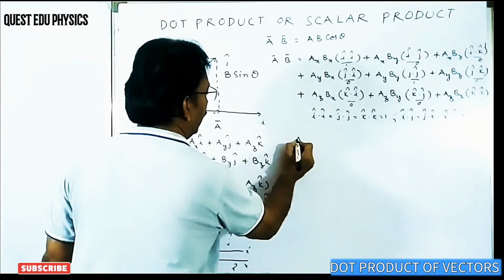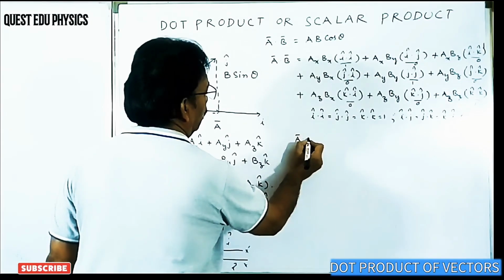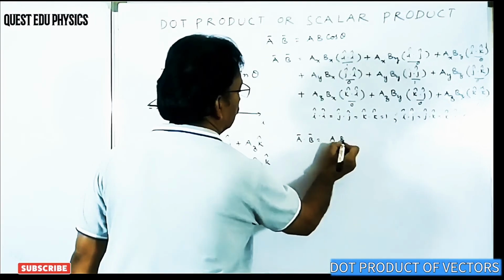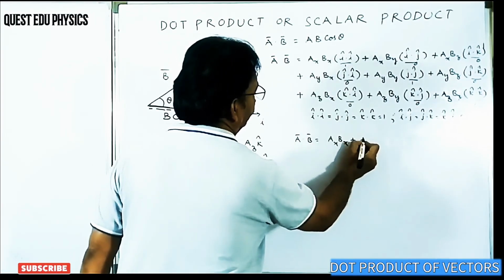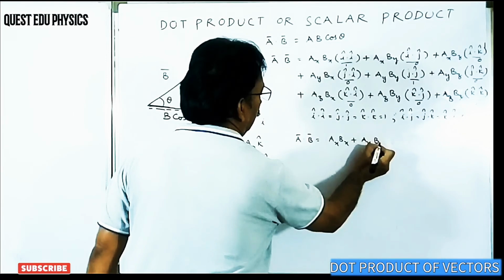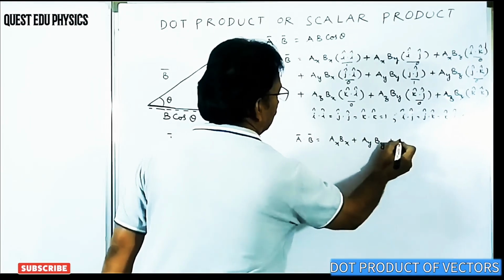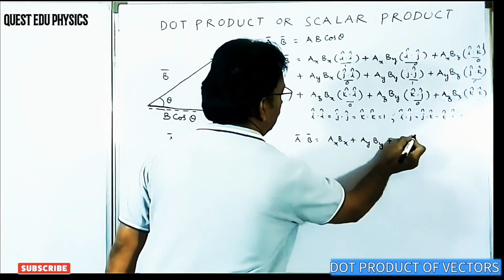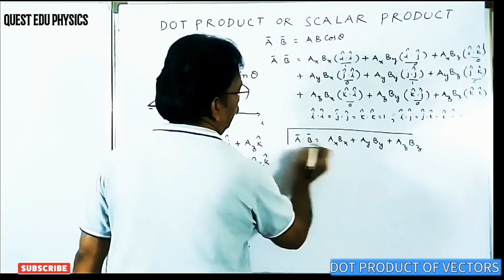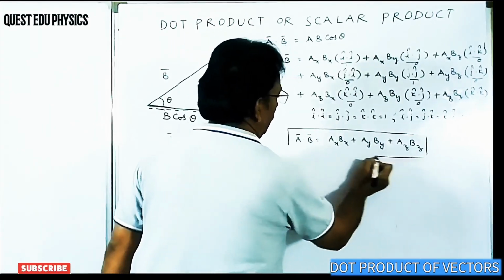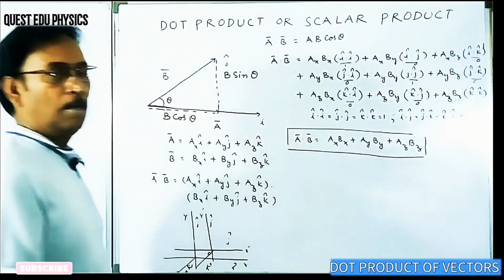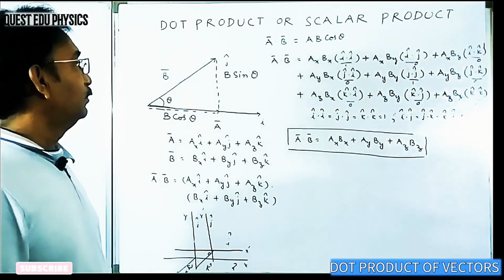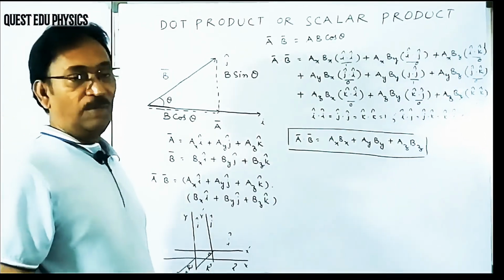Then finally we can write A bar dot B bar is equal to Ax Bx plus Ay By plus Az Bz. It is the result you have to understand. Now we are finding the magnitude of the vectors.